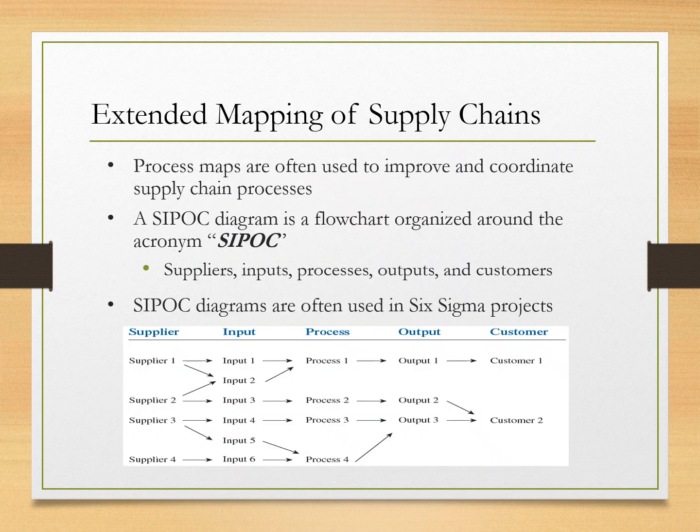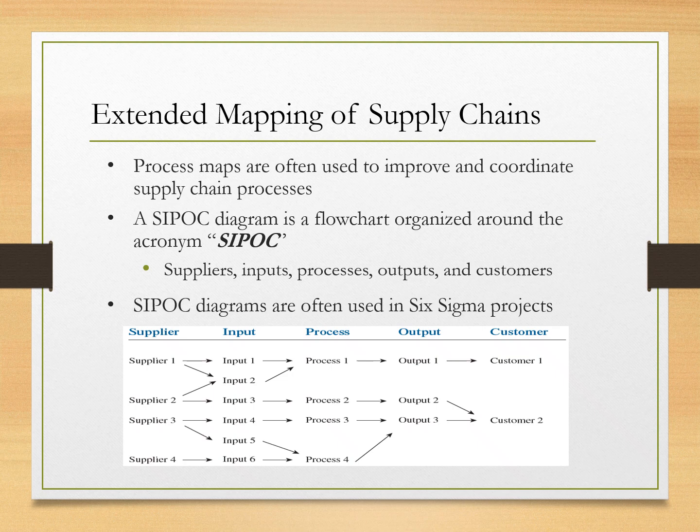Maps are not just for mapping what happened inside your own organization. They can also be used to map extended supply chains that involve multiple companies and organizations. SIPOC is an acronym that stands for Suppliers, Inputs, Process, Outputs, and Customers.